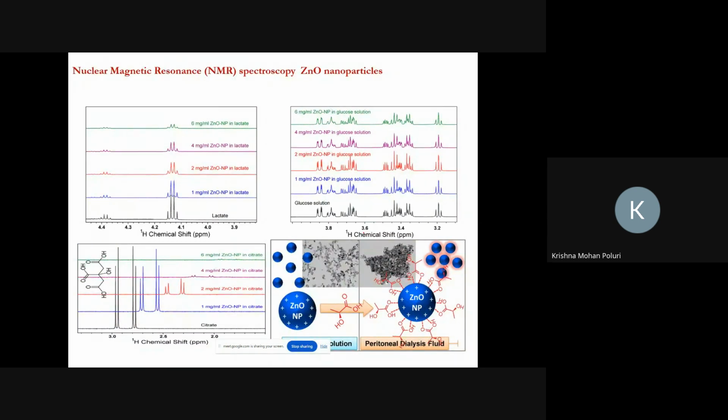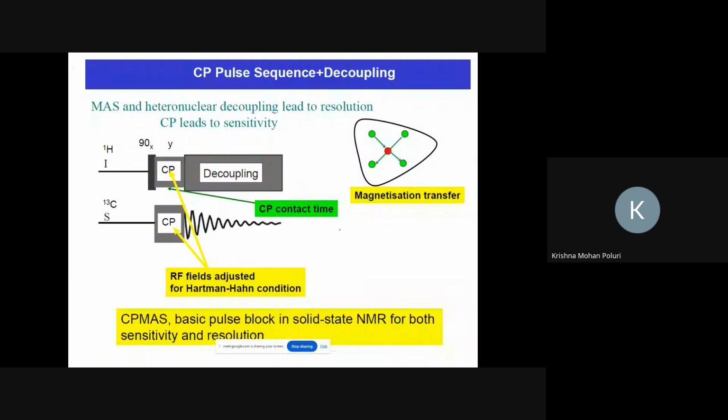You can do this with citrate, lactate, and so on. You can also see, from the black to the green, the signals almost disappeared. So that gives an idea of how the nanoparticles aggregate, and where it is interacting.